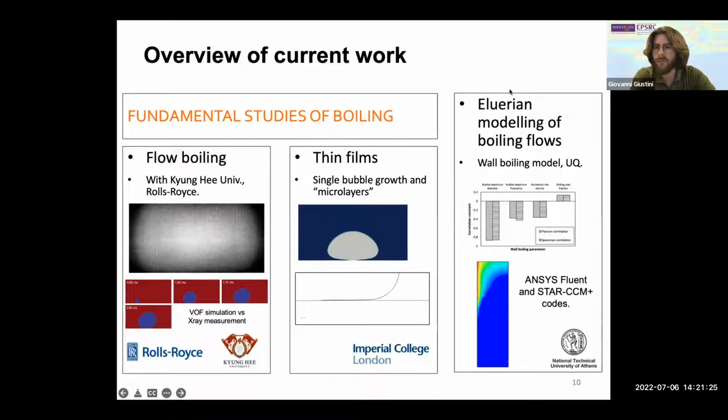And at the same time, maybe here I'm betraying myself, but there is also some work going on the macroscopic Eulerian modeling of boiling flows. At the beginning of my talk, I said that we wanted to move beyond it, when in reality, we're still doing some work on that as well, with codes such as ANSYS Fluent or STAR-CCM+, and this is part of a collaboration with the National Technical University of Athens.